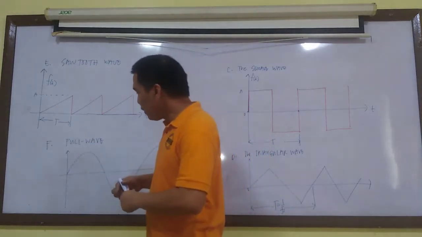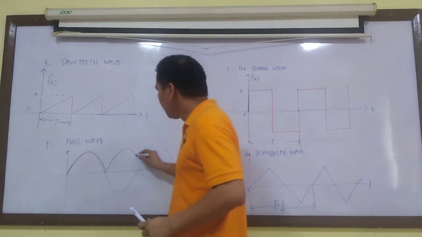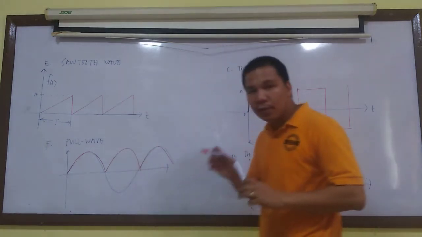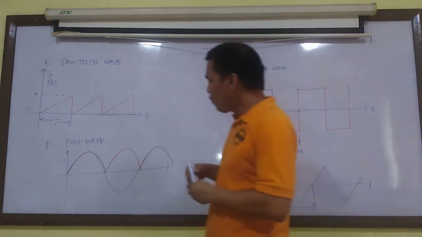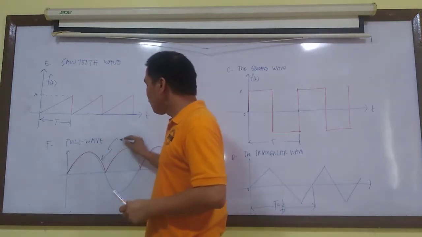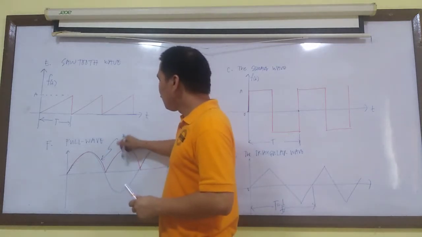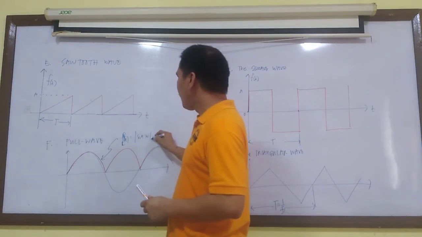And your full wave is this one. So a full wave is actually the absolute value of your sine wave. So the red one is your full wave. You can represent this also as f of t equals the absolute value of sine omega t.